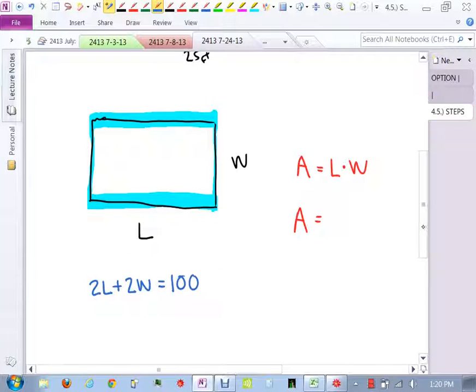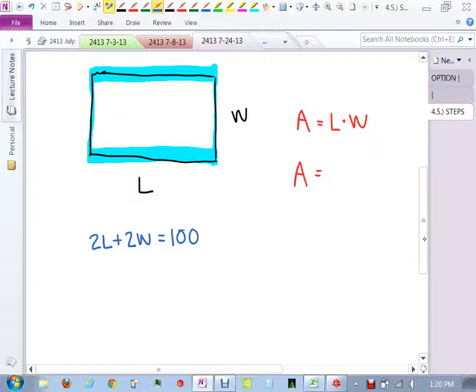Yes? This is known as a constraint. What we are trying to come up with here is what's called the objective function, which I'll write down as soon as we get it.